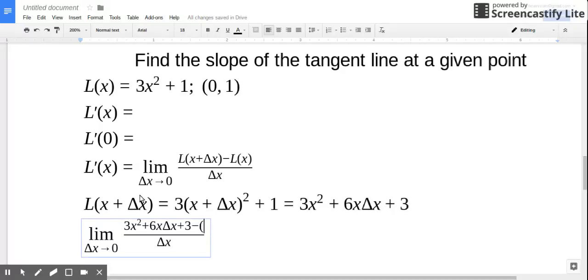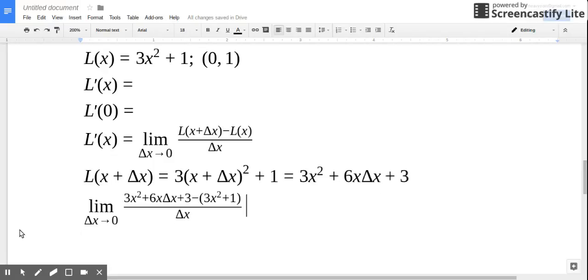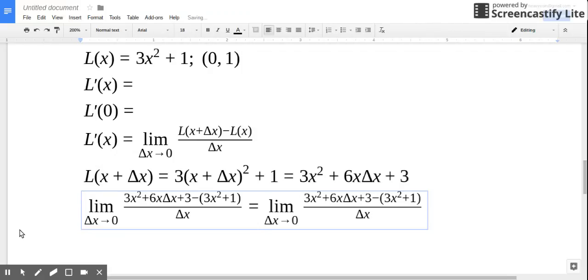But what we're going to do here is start a parentheses. Helps us not to forget. 3x squared plus 1. I think what I'll do here is copy all that and then write it in.